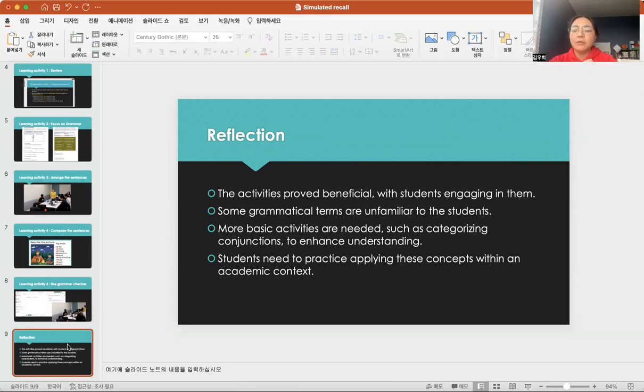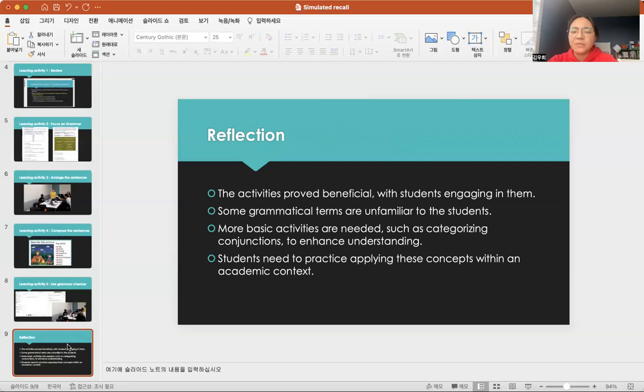For example, when arranging the sentences, they could see what other students were doing, so they could learn from each other, and by converting the sentence structure, they had a better understanding of how to compose sentences.